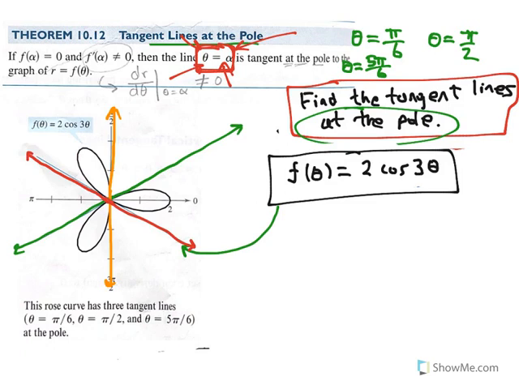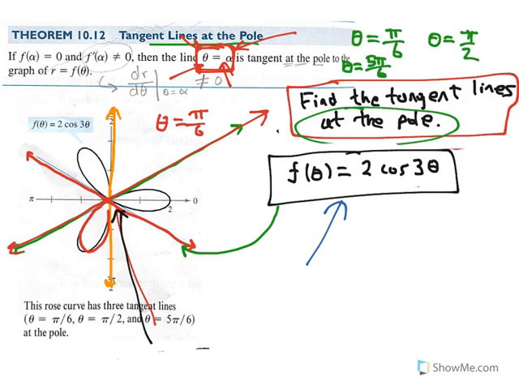So the way you will see that happening is if you use Desmos and you sketch this polar equation and you add a slider and you let the value for the slider go from 0 to pi, you will see that you approach the pole from different directions. And as you're approaching the pole like this, the first tangent line you'll have is pi over 6. Theta is equal to pi over 6.